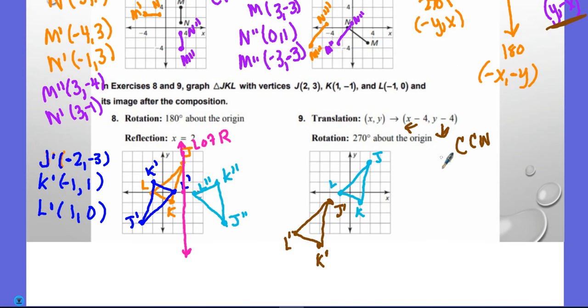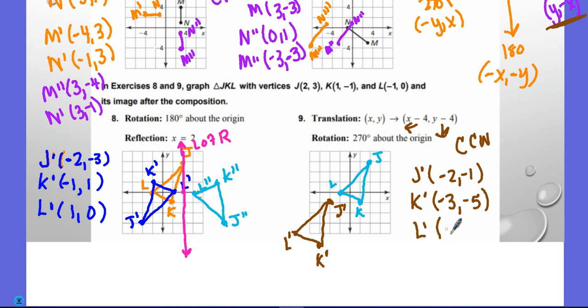Alright, so first I've got to write these points down. So J prime would be 1, 1, 2. So -2 and -1 is J prime. K prime would be 1, 2, 3. 1, 2, 3, 4, 5. -3, -5.